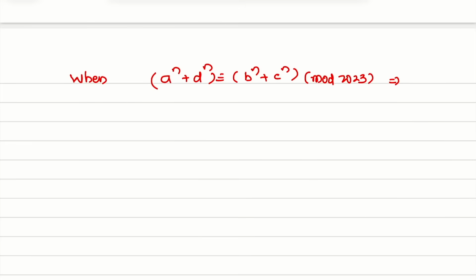This implies two possibilities, either A equivalent B, and D equivalent C.